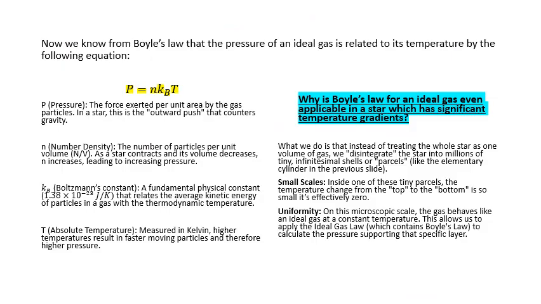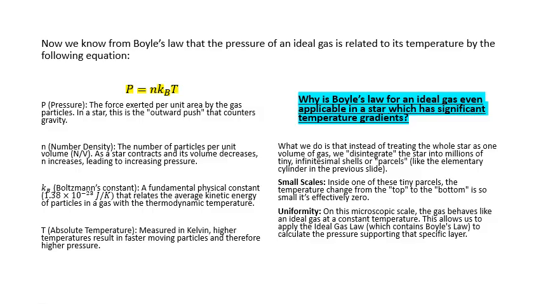In this slide we have the ideal gas law that defines the pressure of an ideal gas with respect to the temperature of the gas. You can see the equation here, P is equal to n times k_B times T. n is the number density, that is how many molecules or particles there are per unit volume.